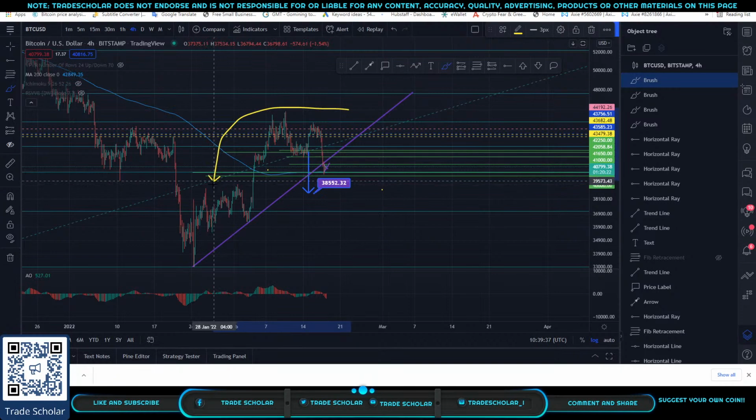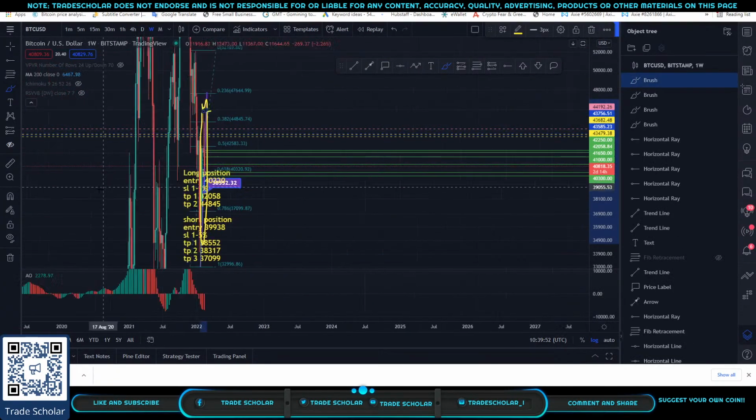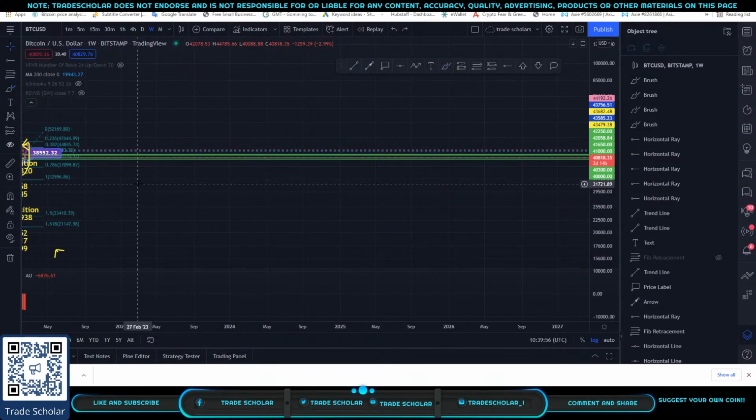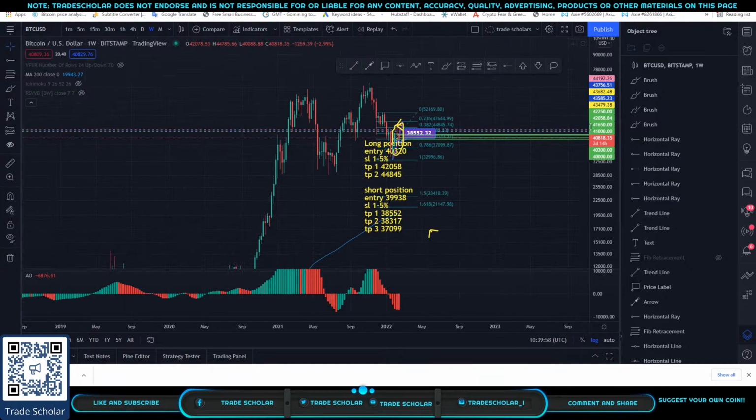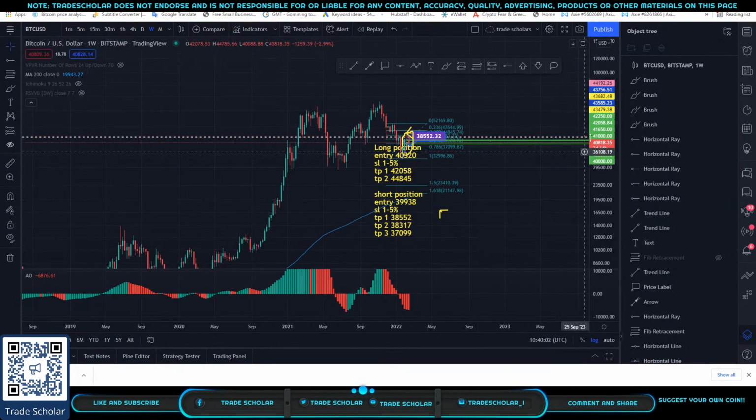This market right here. You can look at this as a Wyckoff market cycle. You can compare it to our weekly time frame, which is this one. And you'll be surprised, it looks alike. Can you see it with me?